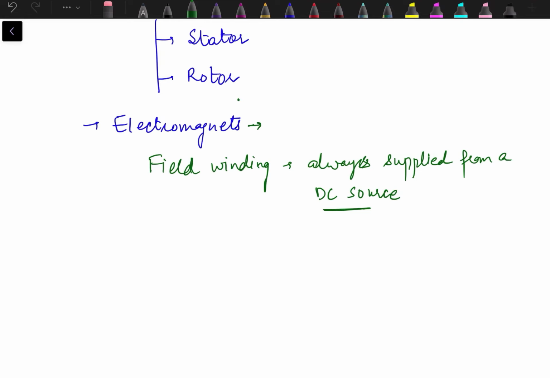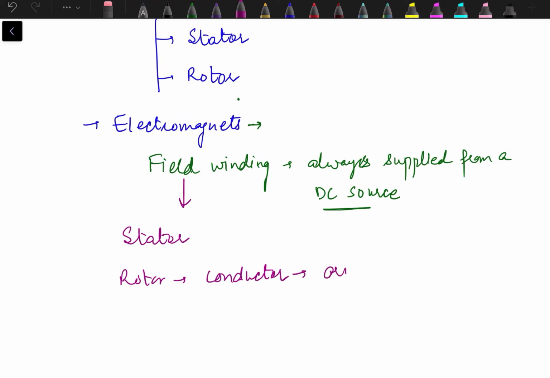So we have stator and rotor, and in case of DC machines, the field winding is always placed on the stator, and on the rotor we have the conductors, which will lead to the armature winding. In the armature winding, there is an induced EMF in case of a generator. And in case of a motor, we will give the supply to this armature winding, and I will discuss this in this video only.